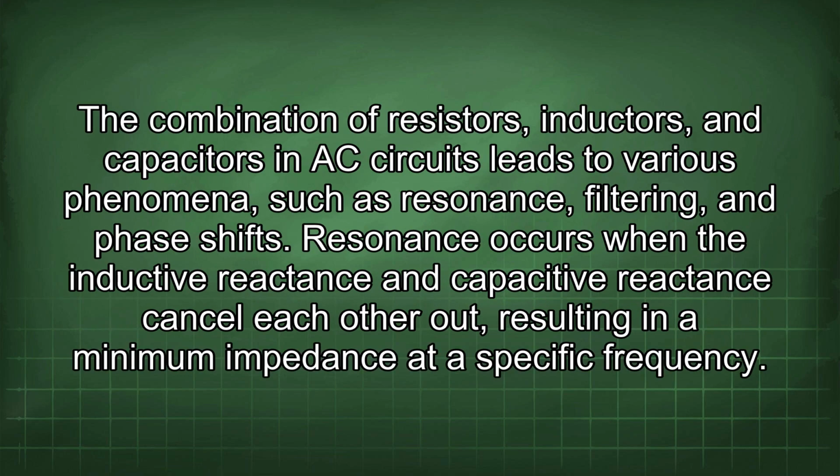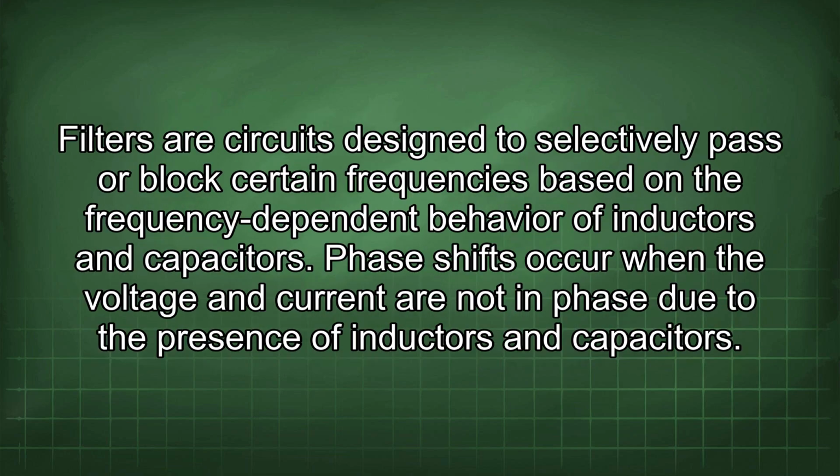The combination of resistors, inductors, and capacitors in AC circuits leads to various phenomena such as resonance, filtering, and phase shifts. Resonance occurs when the inductive reactance and capacitive reactance cancel each other out, resulting in a minimum impedance at a specific frequency. Filters are circuits designed to selectively pass or block certain frequencies based on the frequency-dependent behavior of inductors and capacitors.